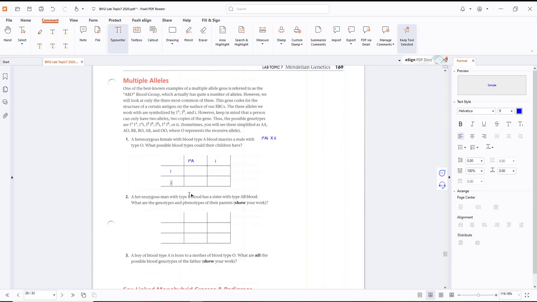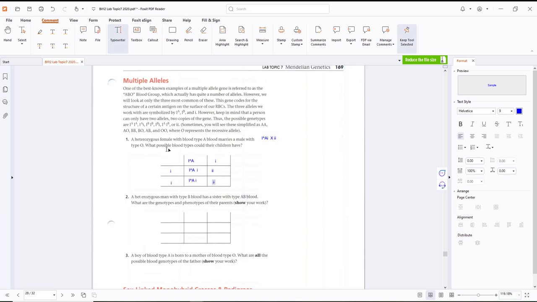And then you do the Punnett square just like normal. It's awkward with the superscripts. I apologize, I just don't want to go through the whole symbol business. All right, so here are the Punnett squares all filled out.